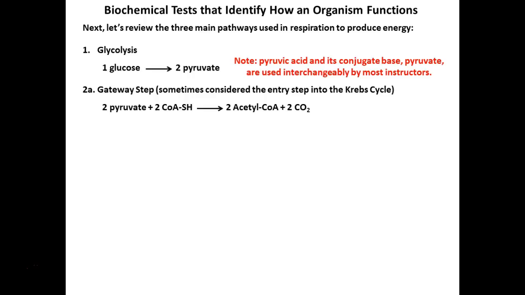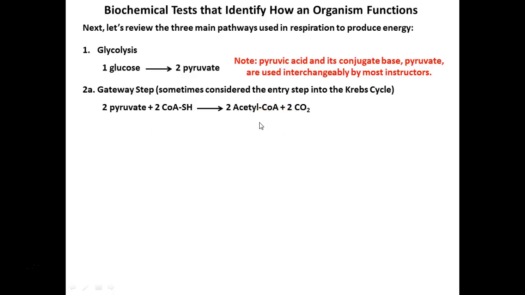The next thing that happens to it is it goes through what's referred to as a gateway step before entering into the Krebs cycle. We'll add coenzyme A to the pyruvate, and we're going to give off a carbon dioxide in the process. We're going to break carbon dioxide off of the pyruvate, and then you're left with an acetyl group. The pyruvate has been reduced by one carbon, and that binds to the coenzyme A as acetyl-CoA.